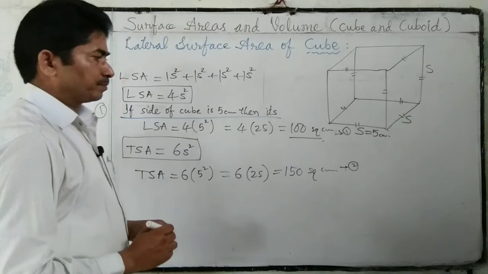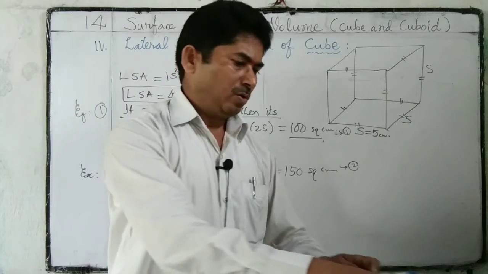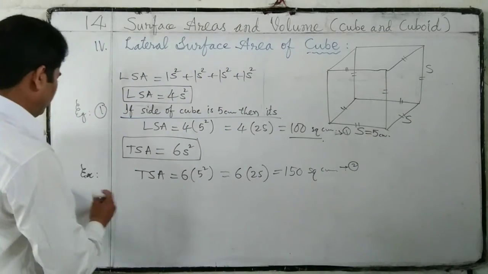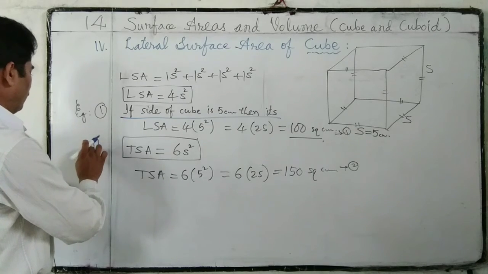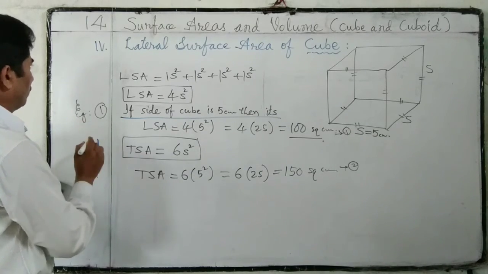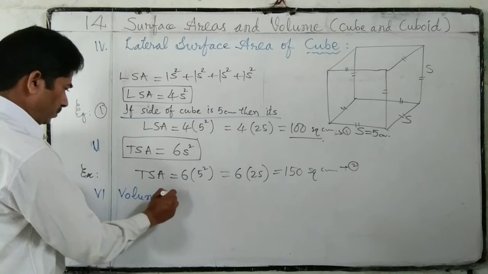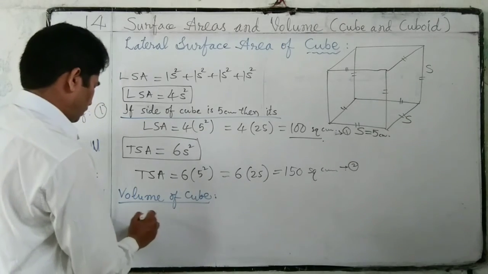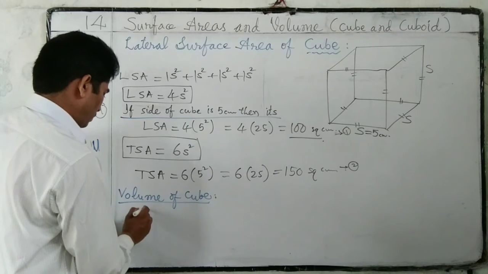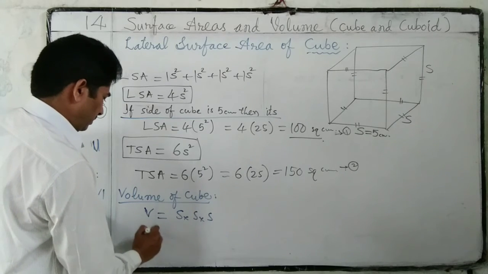This is total surface area. Next, volume of cube. Volume of cube is equal to V is equal to S into S into S, that is S cube.